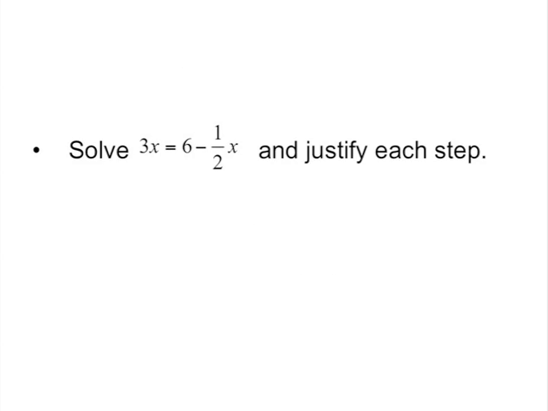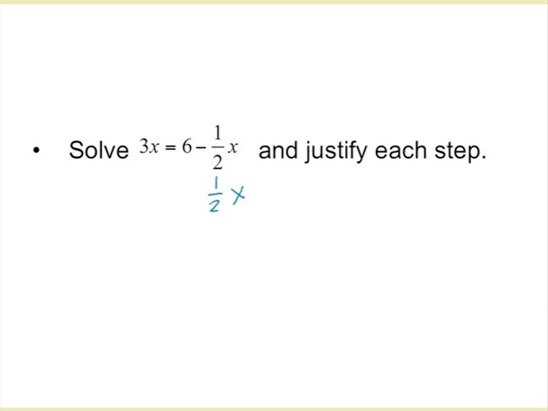We're going to apply some of these properties in solving an algebra problem, but we're going to show every step of our work and we're going to justify each step, which means that we are going to give a reason for why we're allowed to do something. So our first step in solving this algebra problem would be to get all the x's together by adding 1/2 x to both sides.